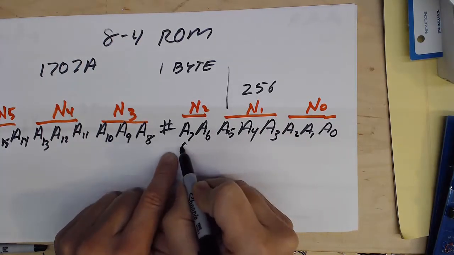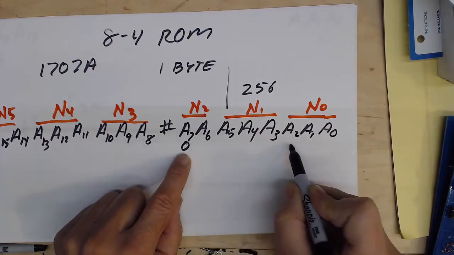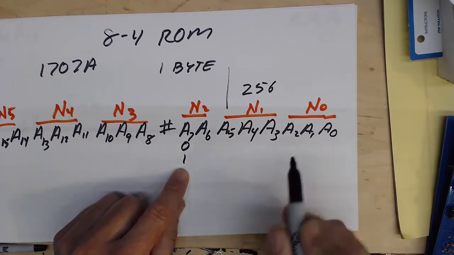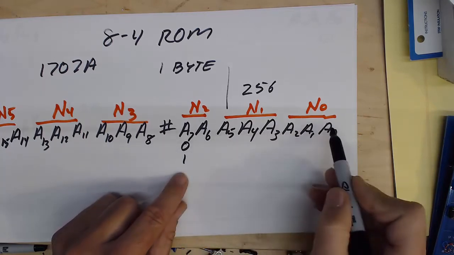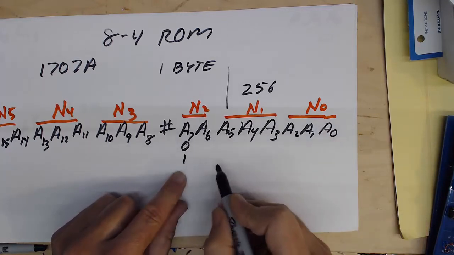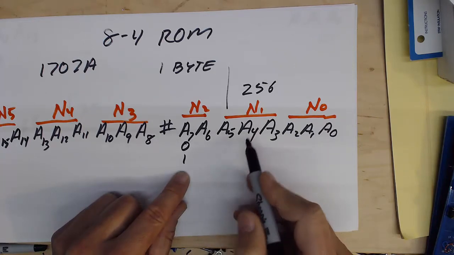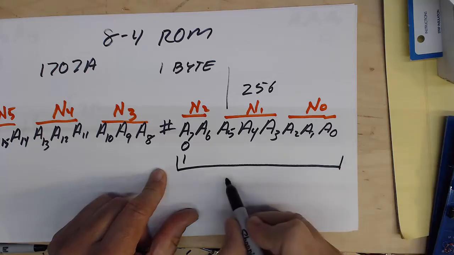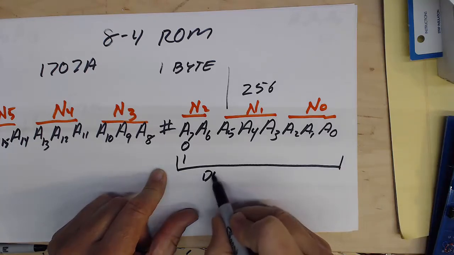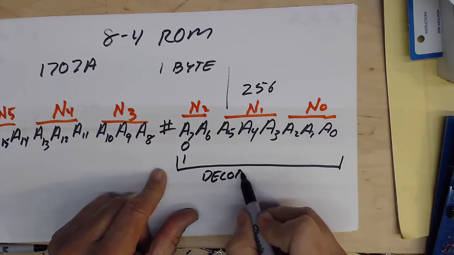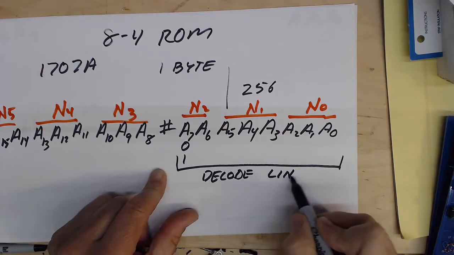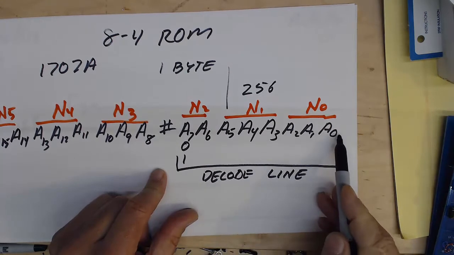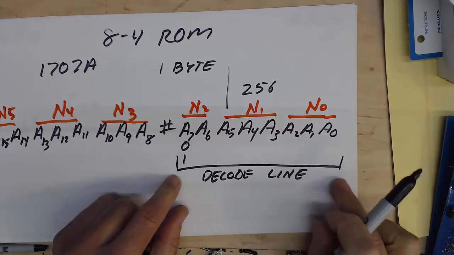That means that if this is a 0, we have 128 in that, and if this is a 1, we have 128 in that. So the upshot is that everything from 0 to 7 is required in order to get our 256 lines. So that means that all of this is required to decode which line it is within that chip. Okay, so from address 0 to address 7, all of that is just decoding the line.